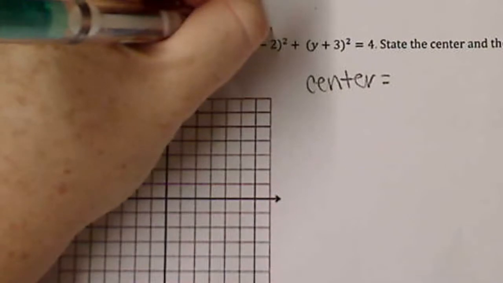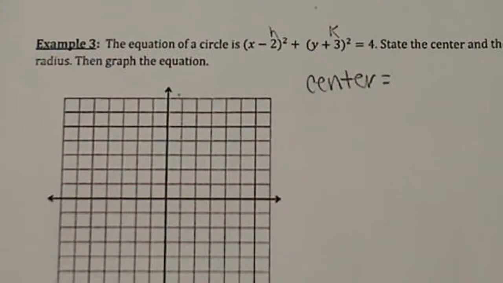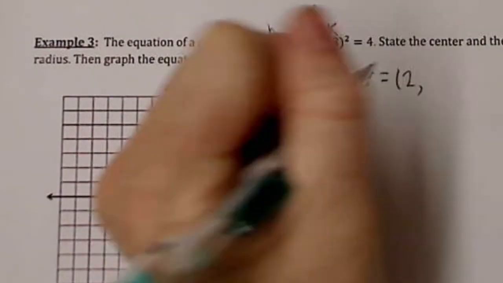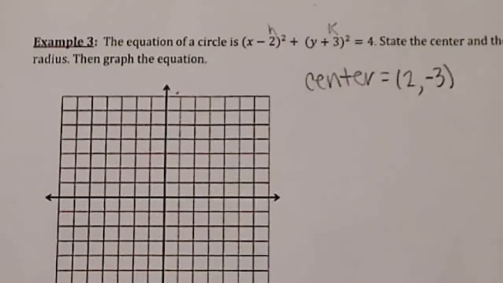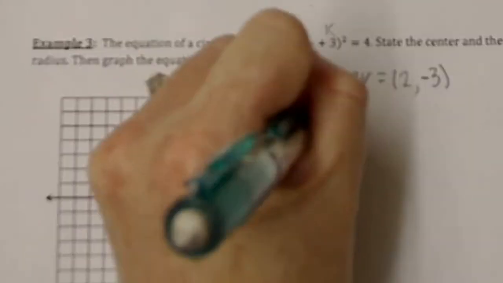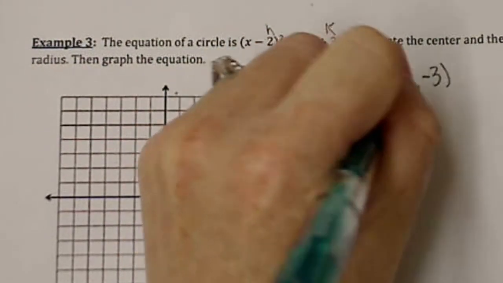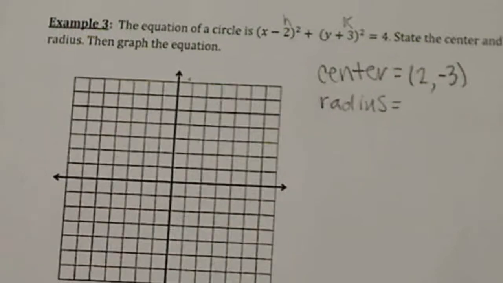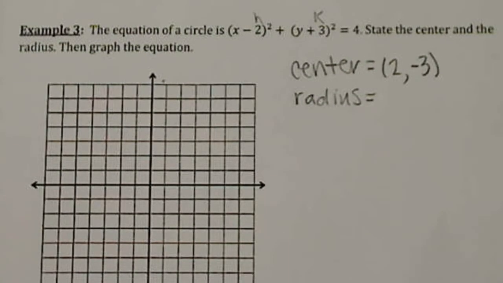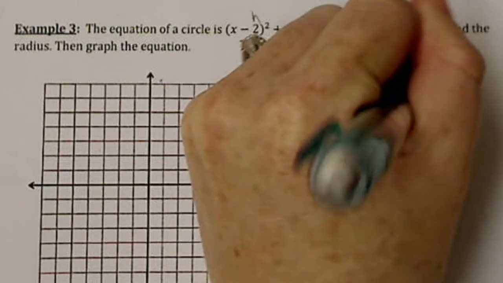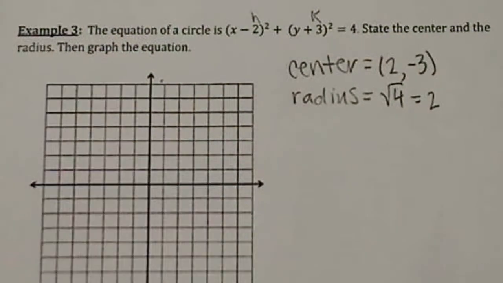Remember, it's (h, k). So the center is at (2, -3). I know it's negative because it's y plus 3. I also need to know how long the radius is, or how big my circle is. So I'm going to take 4, and its square root is 2.